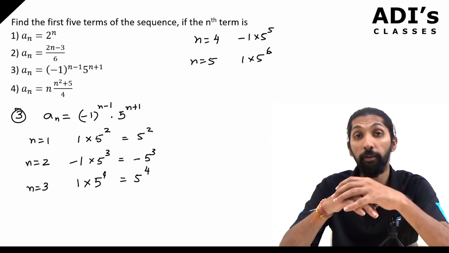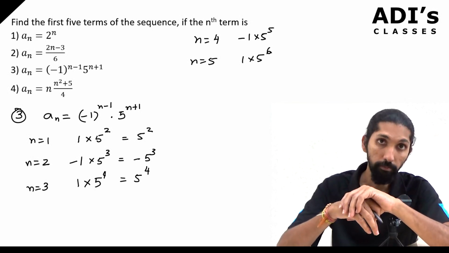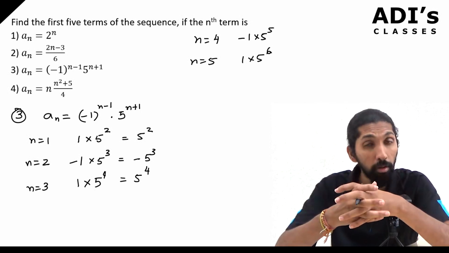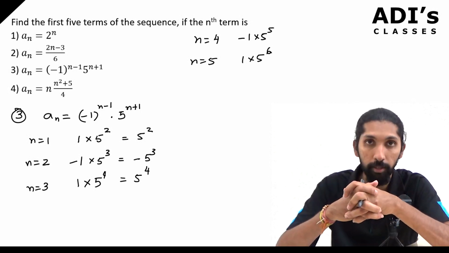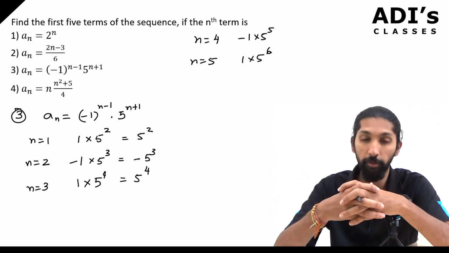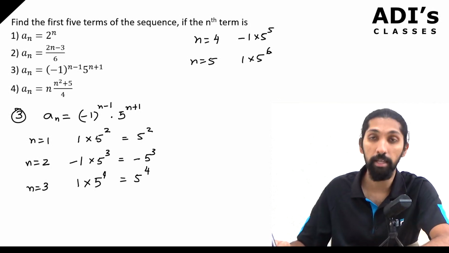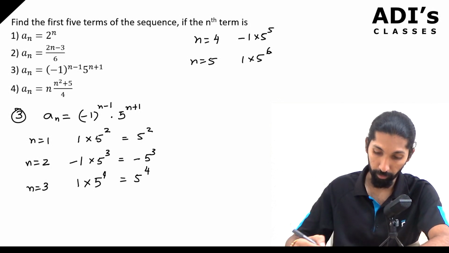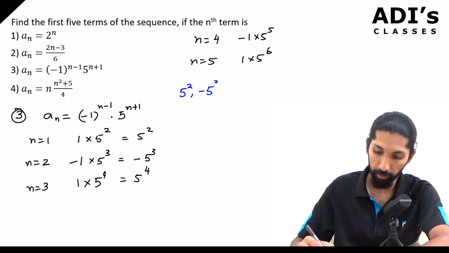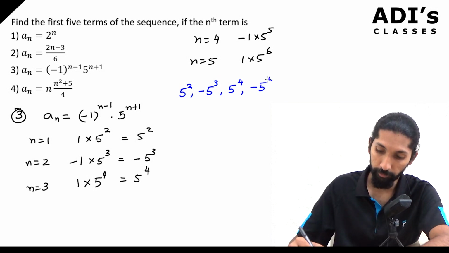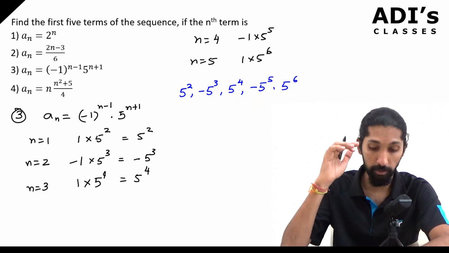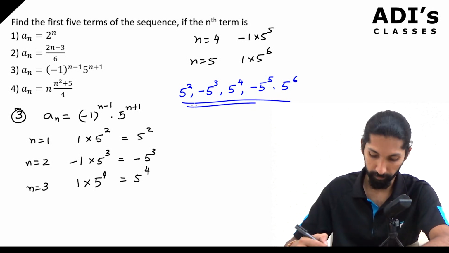So we'll just write down the sequence as it is. The sequence is going to become 5 square minus 5 cube, 5 power 4 minus 5 power 5, 5 power 6. These are the first 5 terms of the sequence.